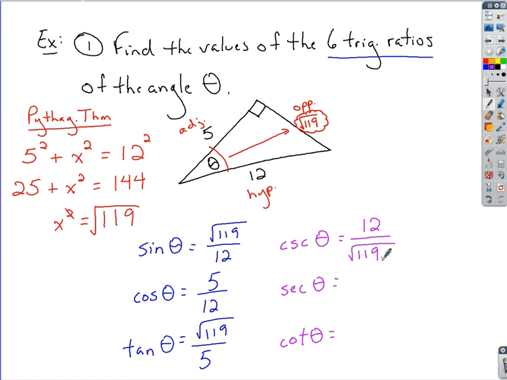Secant goes with cosine, flip the 5/12, get 12/5 as your secant. And cotangent of theta, just flip tangent. Got 5 over the square root of 119. That's how we find the values of the 6 trig ratios.